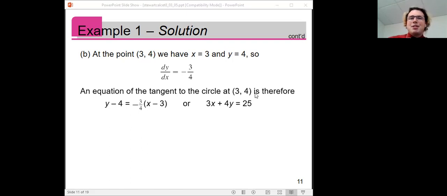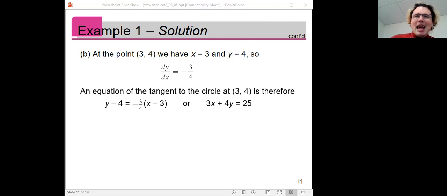So one of my favorites for tangent lines is to use point slope formula. So y minus y coordinate equals slope times the quantity x minus x coordinate. Here I've got y minus 4 equals negative 3/4 times quantity x minus 3. And this is the slope of the tangent line.